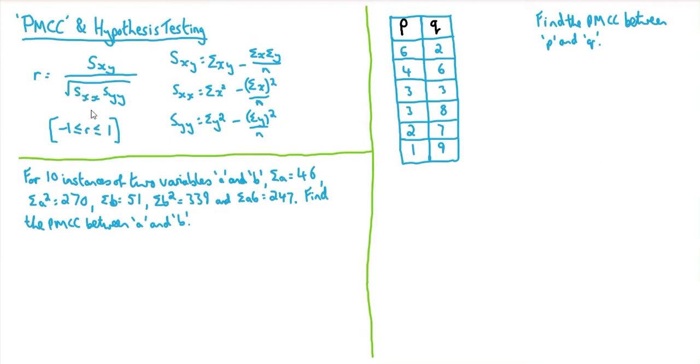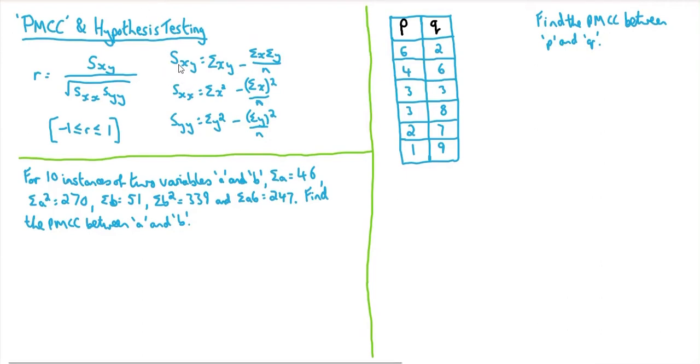Sxx is the average spread between all of the x-coordinates, and Syy is the spread between all of the y-coordinates in the data. In order to calculate these in turn, this is where we turn to those sub-formulas, which we have just on the right here.